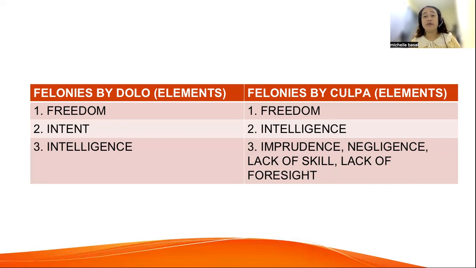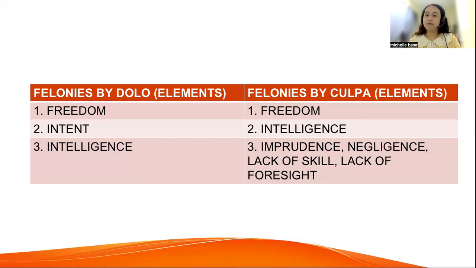But when we talk about intelligence, it's not about understanding, because at the end of the day, we always have to go back to the civil law. In civil law, ignorantia legis non excusat. What is that? Ignorance of the law excuses no one from compliance therewith. So we always have to follow the law, even if we don't understand the law fully. We still have to follow it.